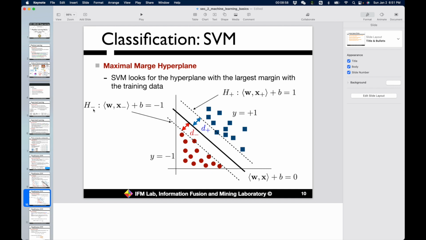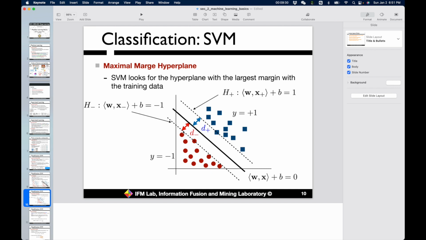We can define this one to be the hyperplane. And we can also represent this line as a formula. It denotes w x plus b equals negative 1. At the same time, we can also manually define this line to be w x inner product plus b equals positive 1. You can follow me, right? And we have defined two lines to assist us to find optimal ones.